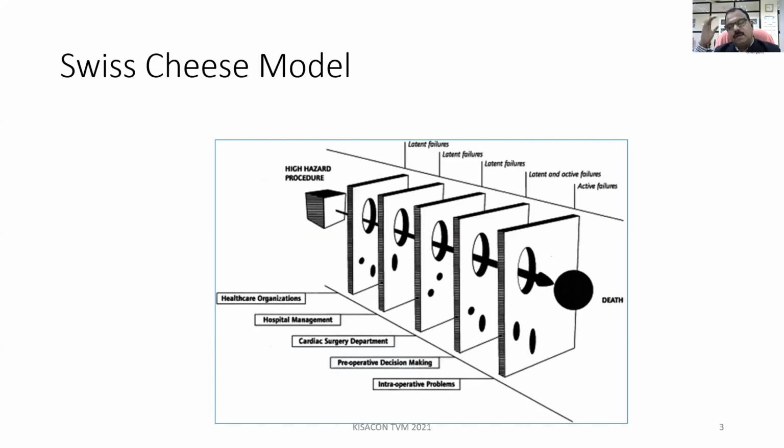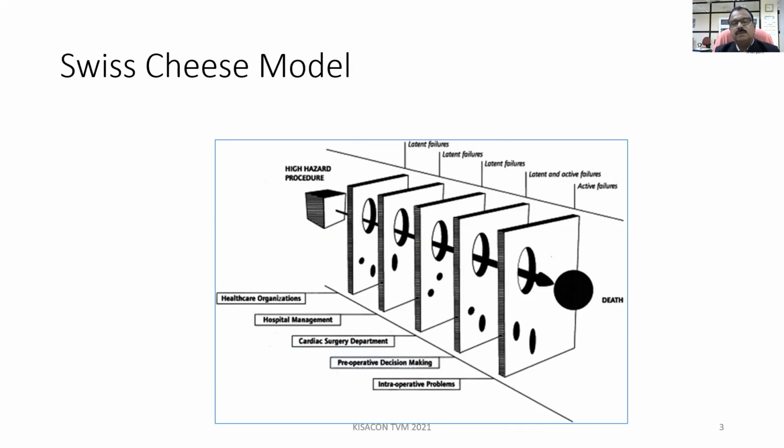I would also like to brief you on this particular model of Swiss cheese, where you can see there is a procedure which is happening, which is leading to the death, provided all the holes in this particular segments are open. So that means that in order to commit a major mistake or lead to the mortality of a patient, only one component going wrong is not enough.